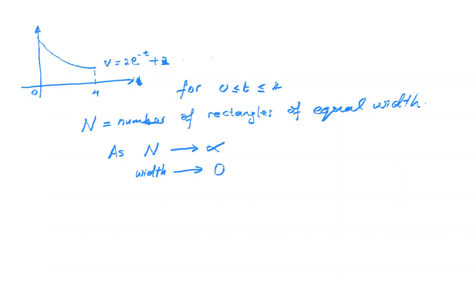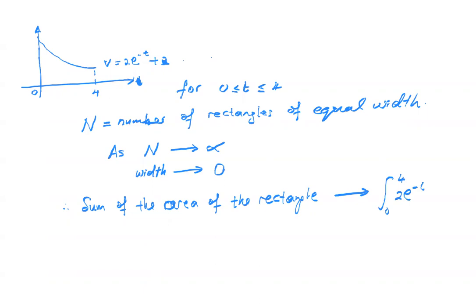So therefore, the sum of the area of the rectangles will approach this one. So that will approach the exact total distance traveled.